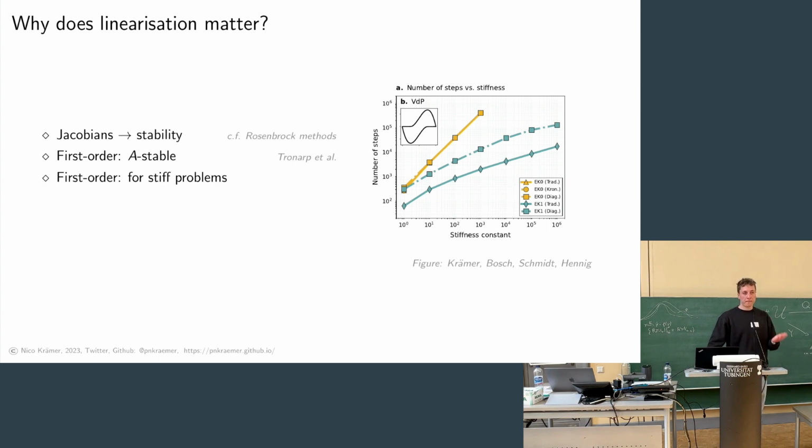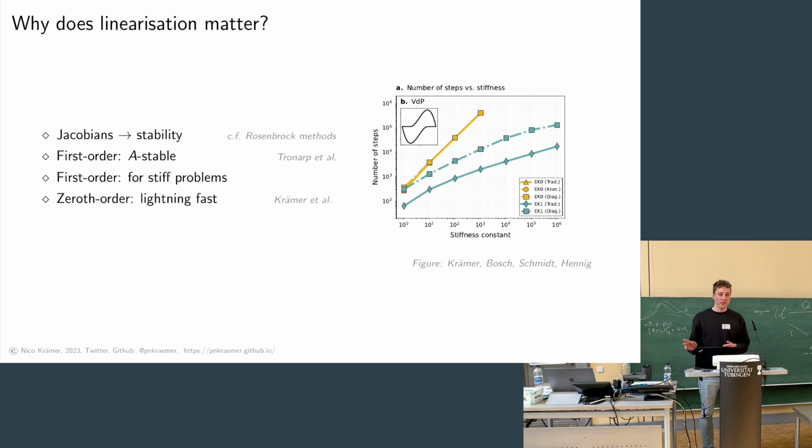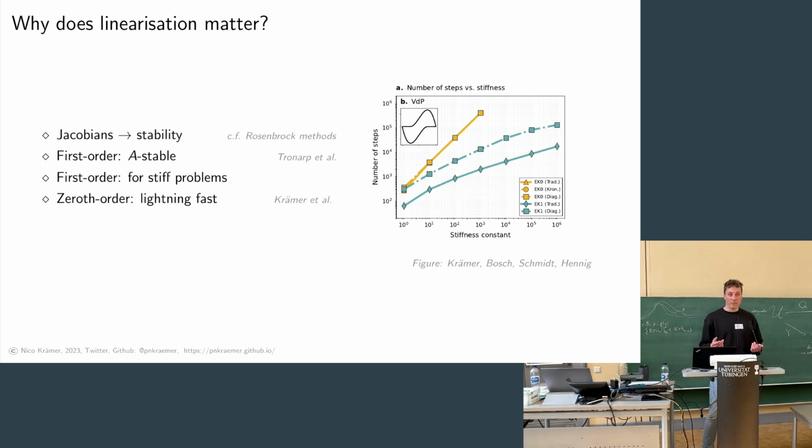So roughly speaking, 1st order methods are really good for stiff problems, or in general, if you're not sure how stable your solver needs to be for your problem at hand. On the other hand, and we're going to see this later, the 0th order methods are extremely fast because they're factorizing the function so aggressively that we end up with a state space that is much smaller than what we might actually expect it to be.